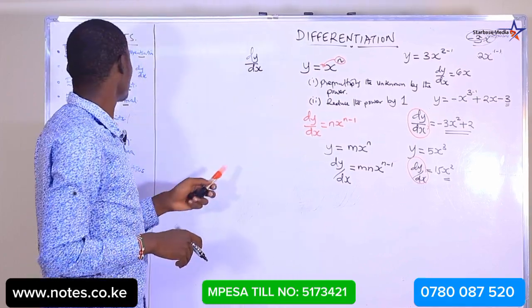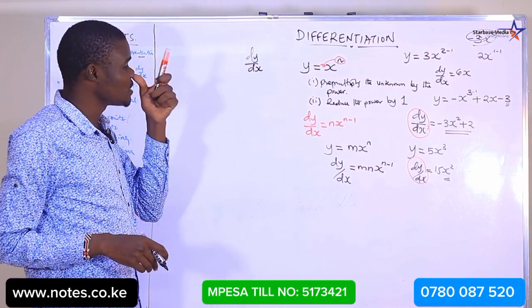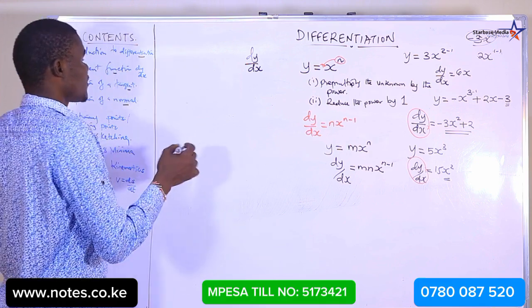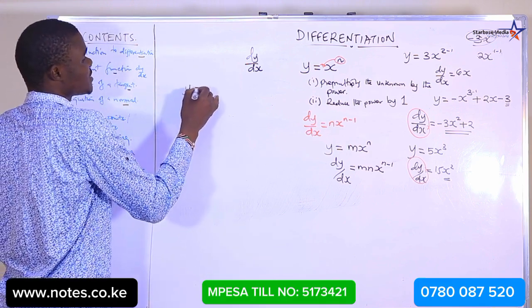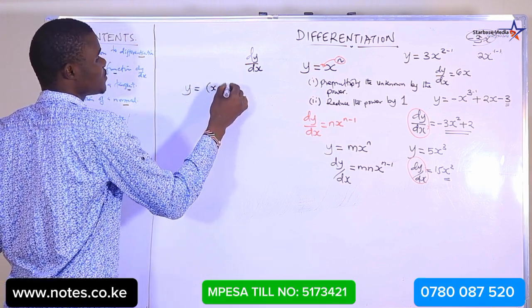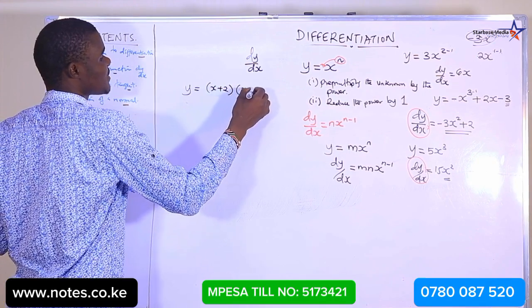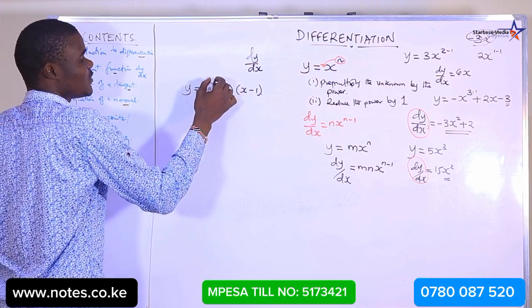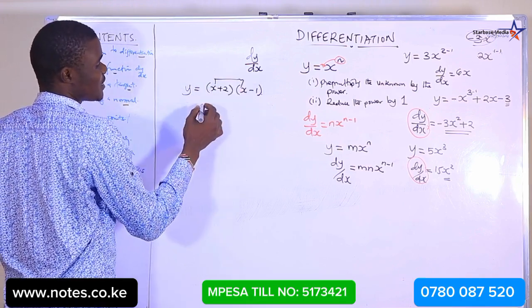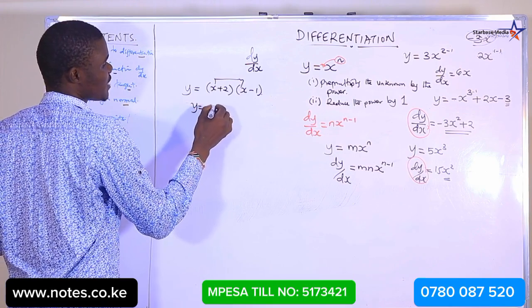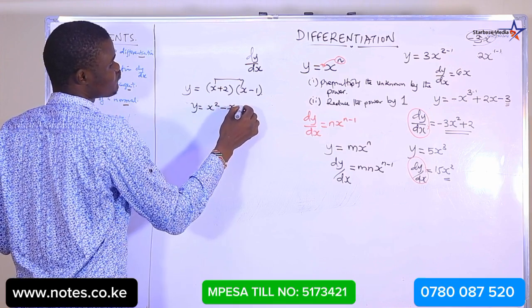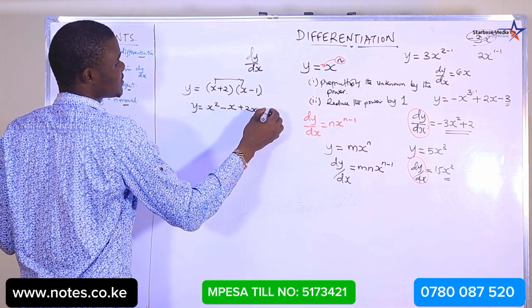But before we go to that, what you should know about differentiation is that sometimes you are told to differentiate, for example, the function y is equals to x plus 2, times x minus 1. First thing is that you expand the bracket. Before you differentiate, you expand. So you're going to have y is equals to x squared minus x plus 2x minus 2.